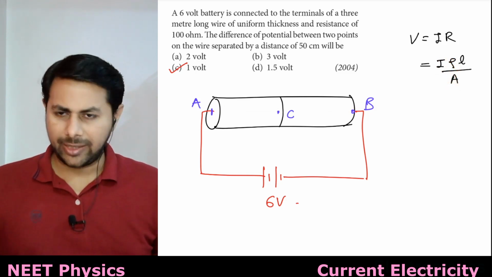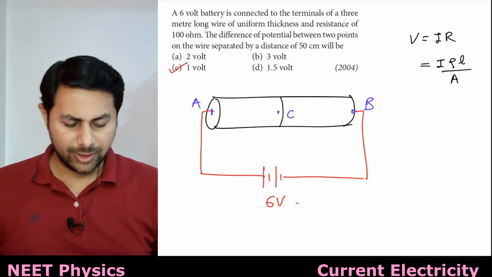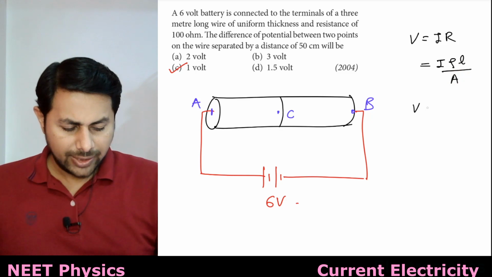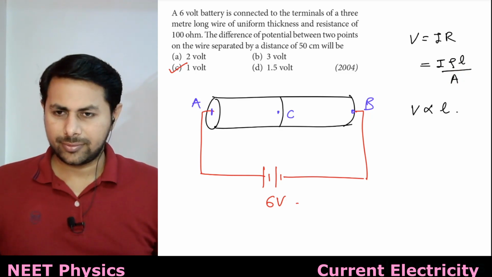Once you have connected the wire, I is constant. So you can say that V is directly proportional to L.